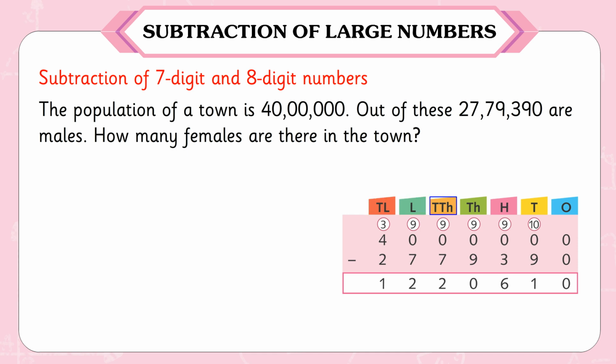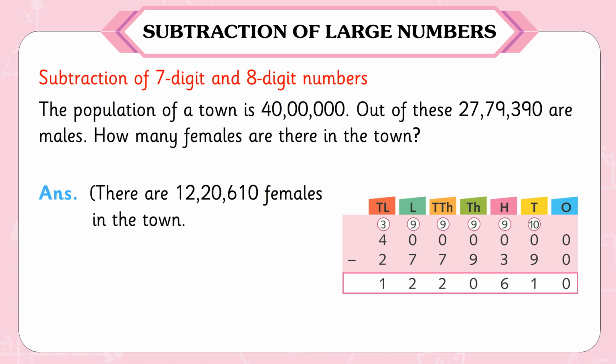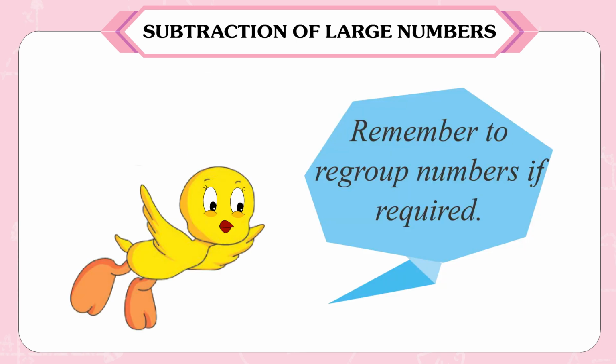TL, L, TTH, TH, H, T, O. 40 lakh minus 27 lakh 79,390 is 12 lakh 20,610. Answer. There are 12 lakh 20,610 females in the town.